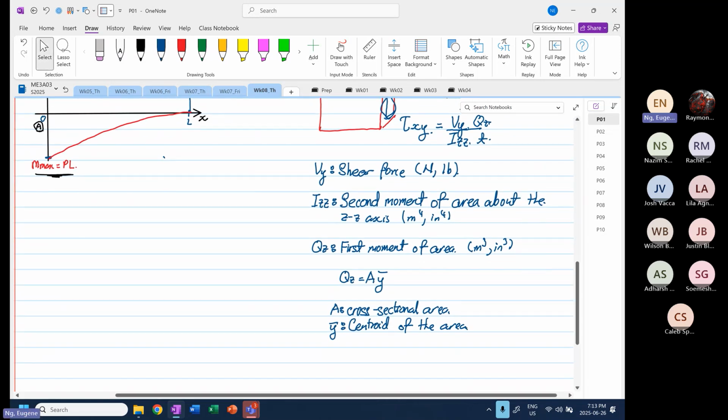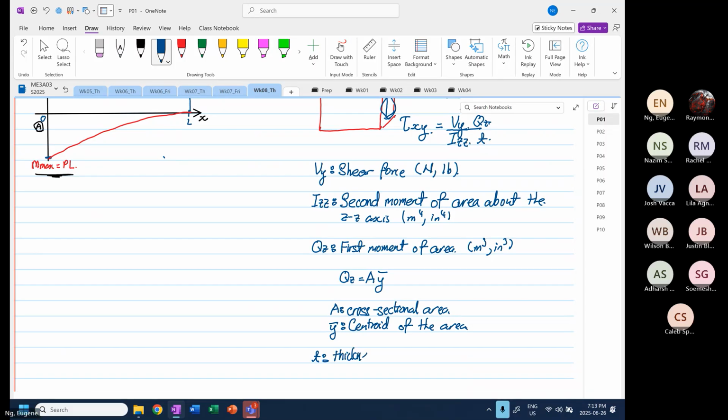And finally, t represents the thickness of the structure. Okay, so let me put in some units. This can be meter squared or inches squared. The y can be meters or inches, and the thickness can be in meters or inches.